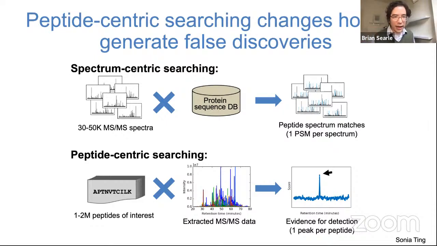But it does have a major caveat: in the top case, we are looking at 50,000 spectra, and in the bottom case, we're looking at 1 to 2 million peptides. So we're essentially asking 50 times more questions, which means we need to false discovery correct against a lot more peptides in the same analysis set.